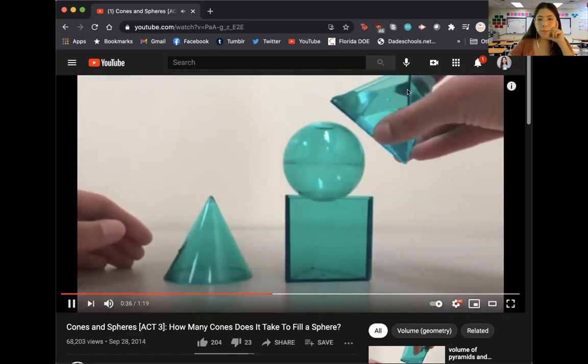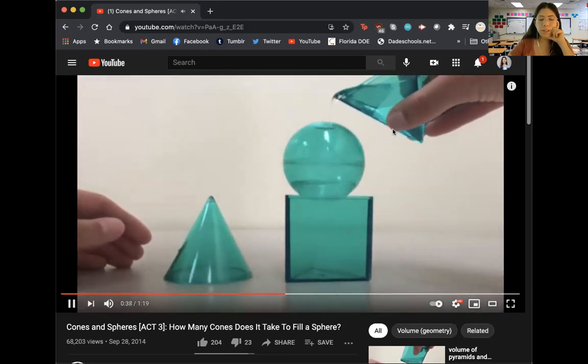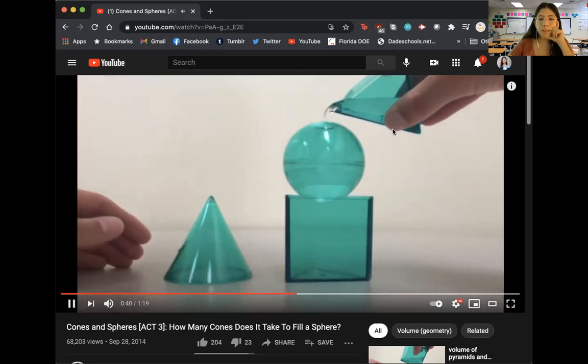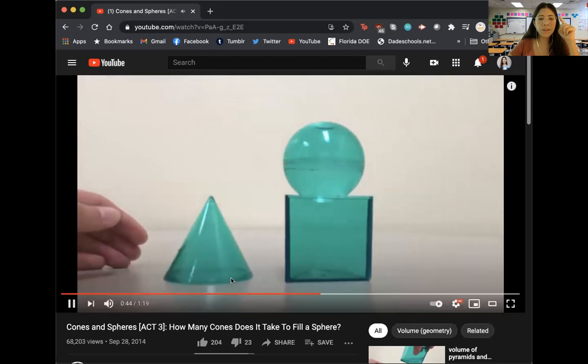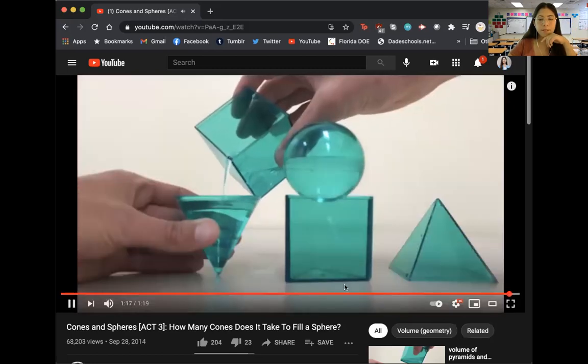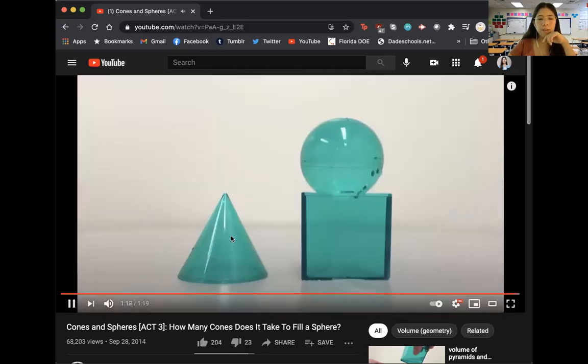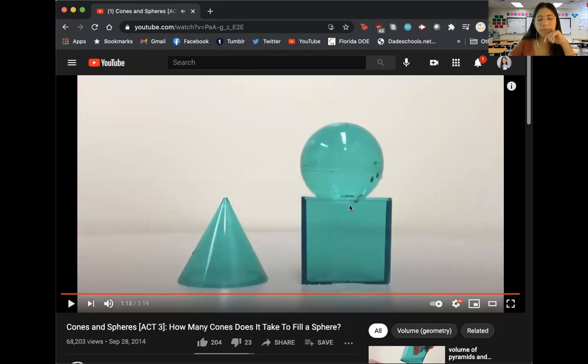But this is the volume of one cone going into the sphere. And like Perla said, he's able to do this 2 times. So basically, how many of these cones fill up one sphere? How many cones go into one sphere?